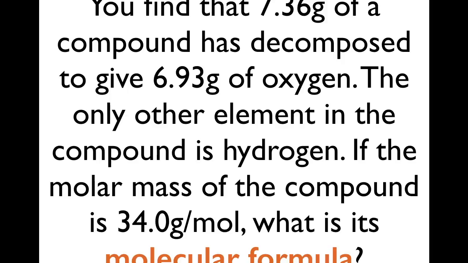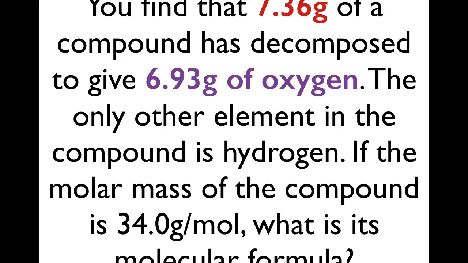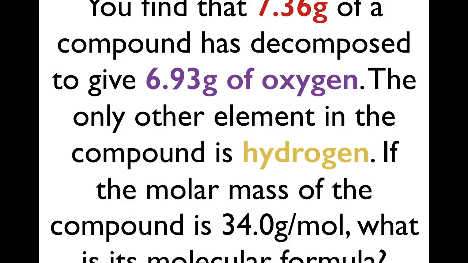The first thing you are given is 7.36 grams of the whole compound. Out of that 7.36 grams, you have 6.93 grams of oxygen. And the other component in that compound is hydrogen, so you're only dealing with oxygen and hydrogen.